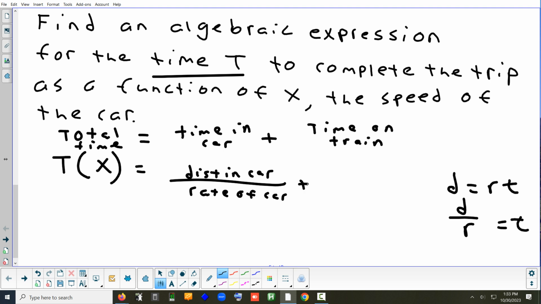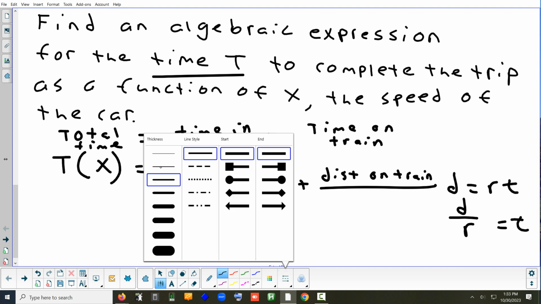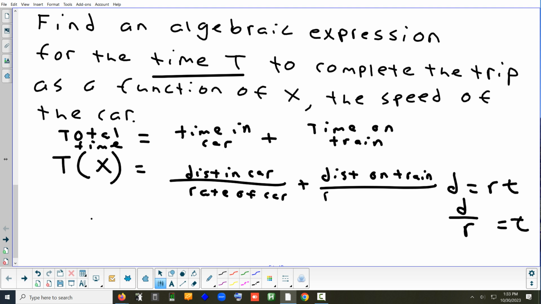To find the time on the train, you're going to have to know the distance on the train divided by, and what would be in the bottom? The rate of the train, or the speed of the train. Because distance divided by rate gives you time. And that's what we're trying to find, time.